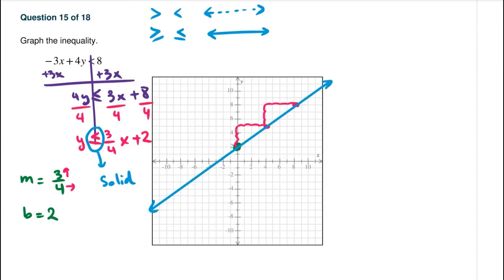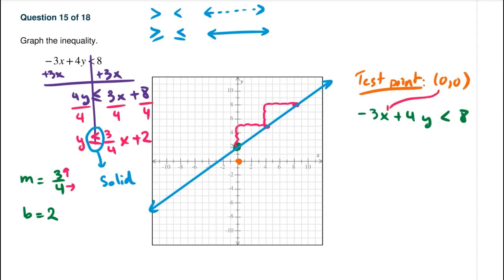Now, to know where to shade, we're going to do the test point. Again, 0, 0 is not on the line, so it's good to use as the test point. We have the equation negative 3x plus 4y less than or equal to 8. So this time we plug in 0 for x and 0 for y.